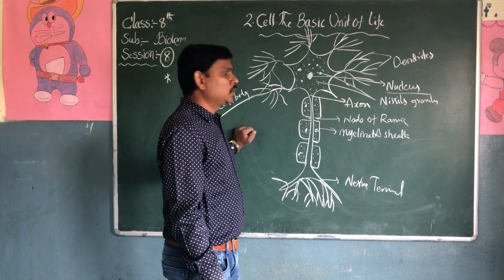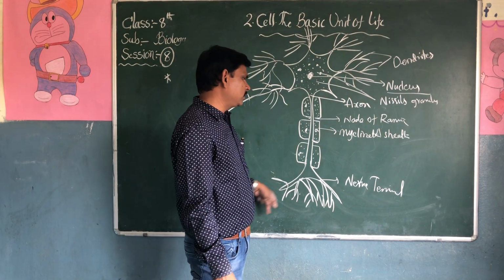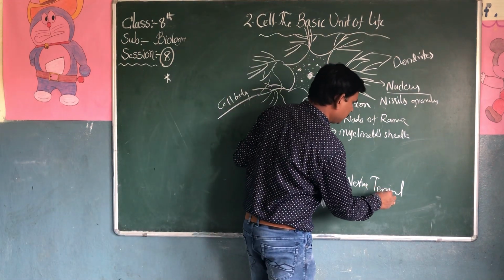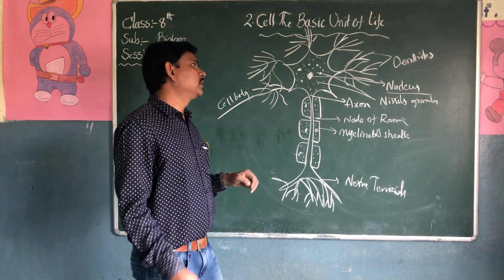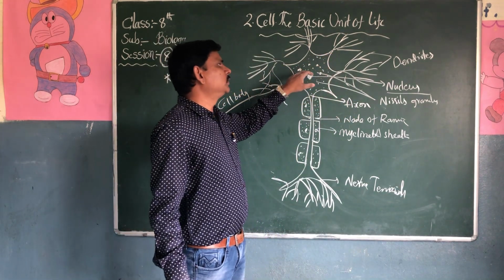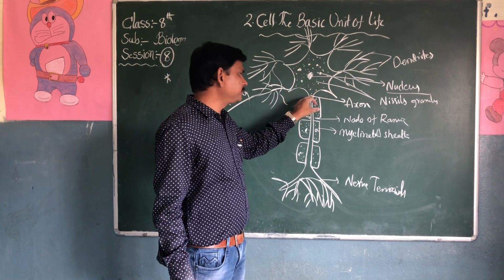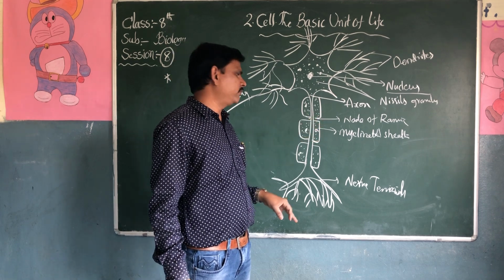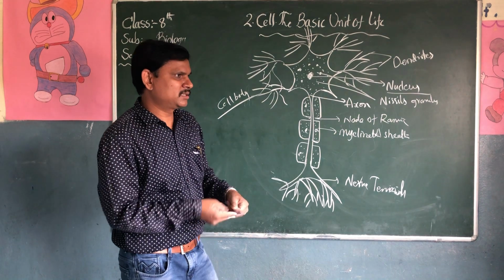They are called nodes of Ranvier. In the end, nerve terminals. So: dendrites, nucleus, cell body, Nissl granules, axon, myelin sheath, node of Ranvier, and nerve terminals.